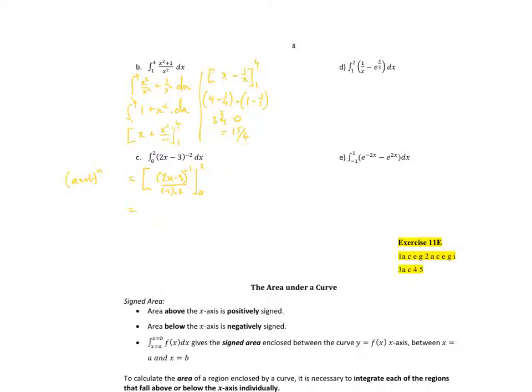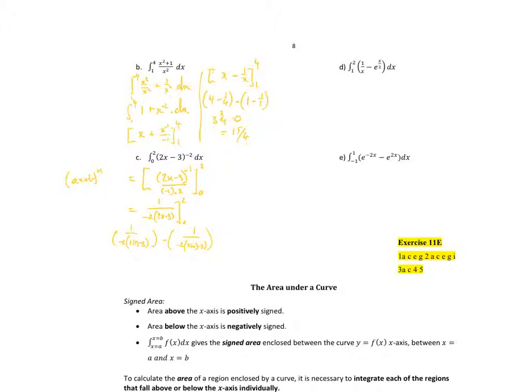If I tidy that up, negative 2 on the bottom, I get 1 over negative 2 times 2x minus 3, evaluated between 2 and 0. So if I put 2 in there, I get 1 over negative 2 times 2 minus 3, minus, put 0 in there, 1 over negative 2 times 0 minus 3.